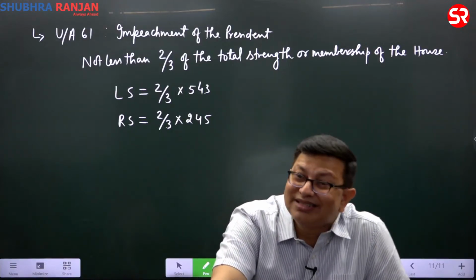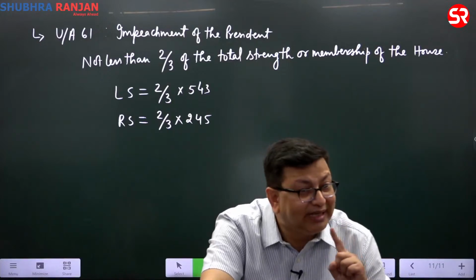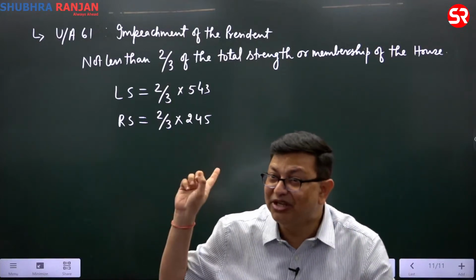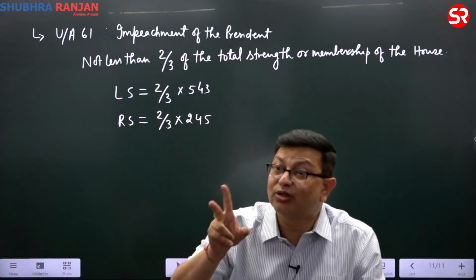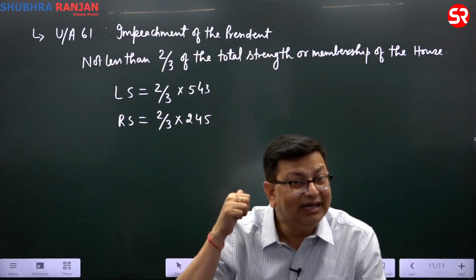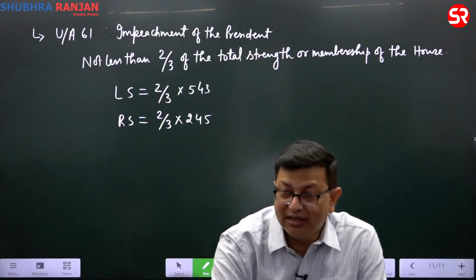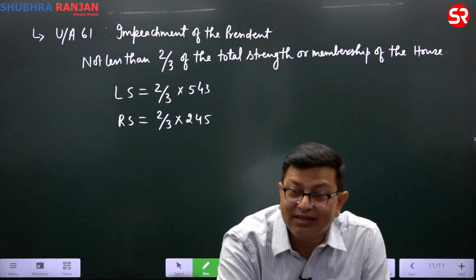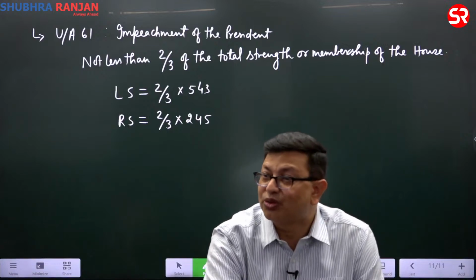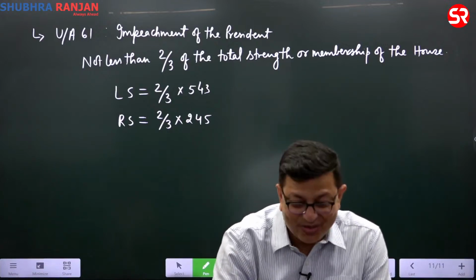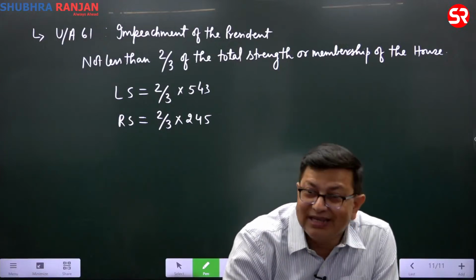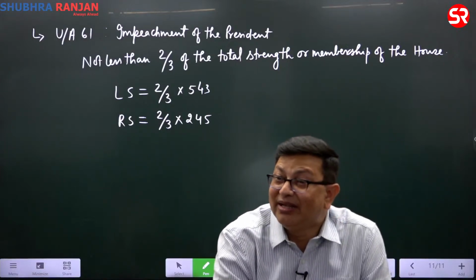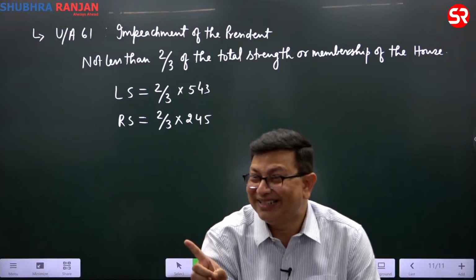And not only this, the majority is different in case of impeachment and in case of removal. Then grounds are also different. In case of the president, the ground for impeachment is the violation of the constitution. For the removal of the judges of the Supreme Court, it is proved misbehavior or incapacity.